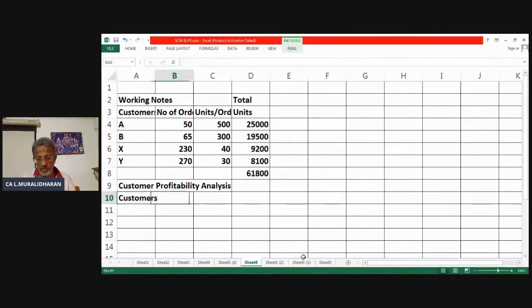Customers are A, B, X, and Y. Selling price 1000.